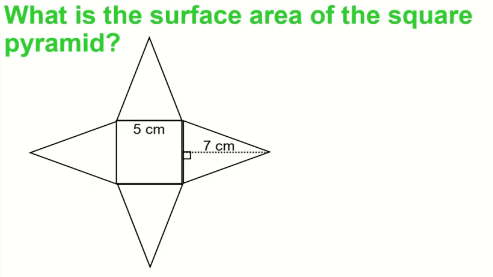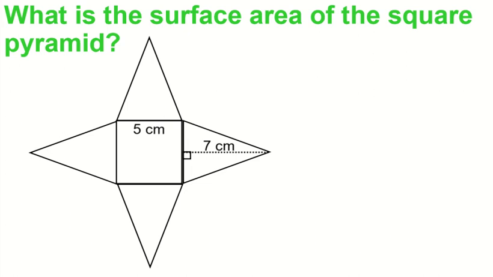Find the surface area for the square pyramid. Ford, what you got? 95. 95 is correct.